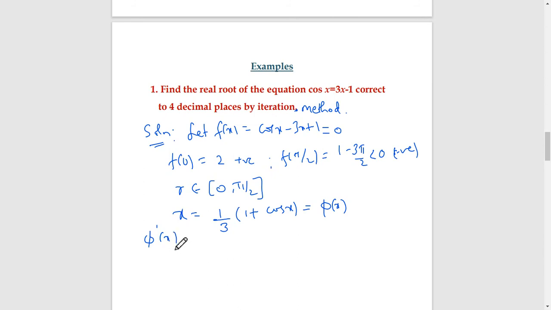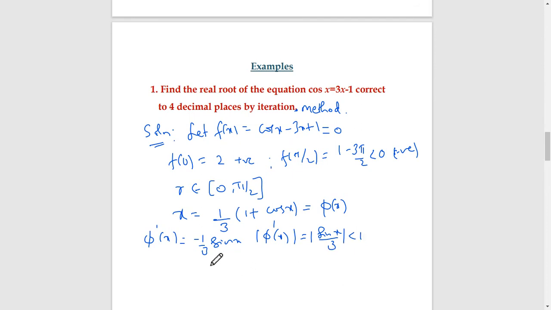Phi dash of x is minus 1 by 3 sin x, and mod phi dash of x will be mod sin x by 3. We know that mod sin x is less than or equal to 1, so sin x by 3 will obviously be less than 1.